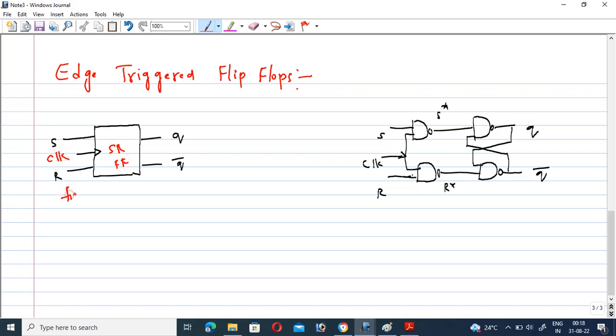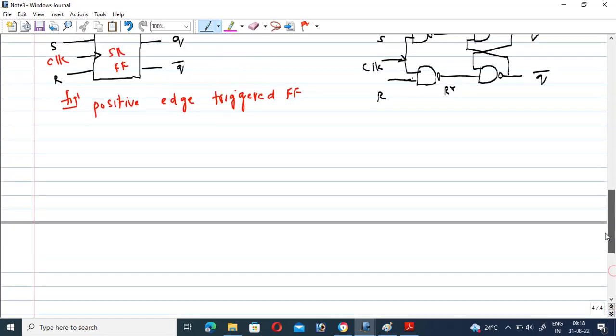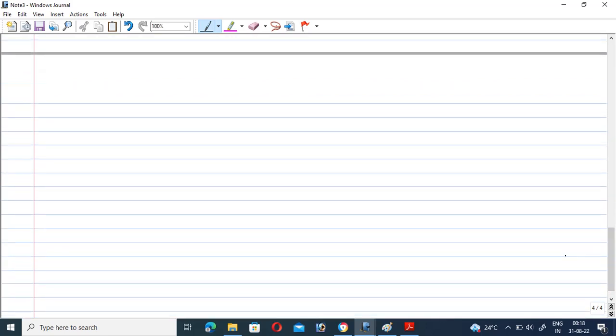So this figure shows the positive edge triggered flip-flop. This is a positive edge trigger flip-flop. Suppose there are S, R, and Q and Q bar are the outputs.